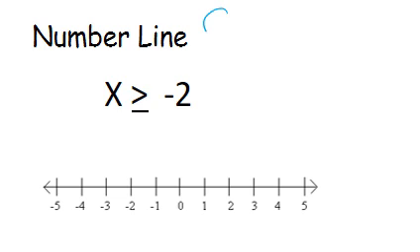We are going to graph the solutions to the inequality x is greater than or equal to -2. So we are going to find -2 on the number line. Here it is. We are going to look at our inequality symbol, and our inequality symbol is greater than or equal to.